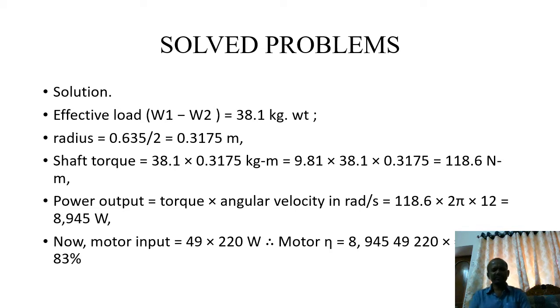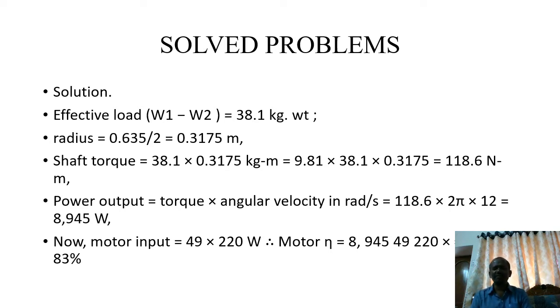So here we know that there are two spring balances. Their difference is given, 38.1 kg weight. Therefore, the effective load W1 minus W2 is equal to 38.1 kg weight. The diameter of the pulley is given, so now you can calculate the radius of the pulley.